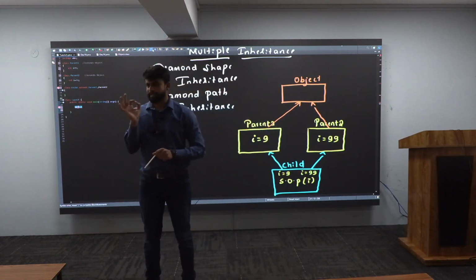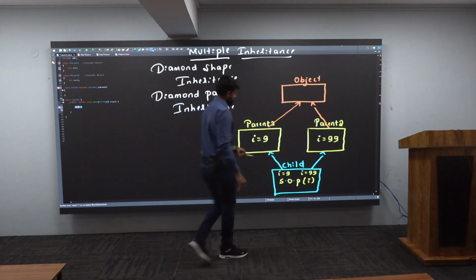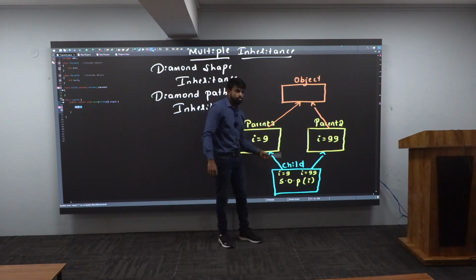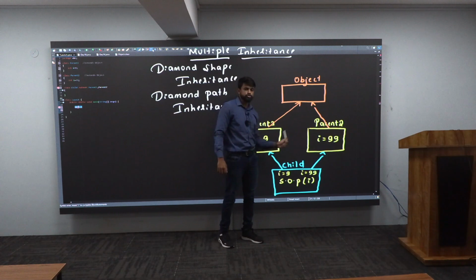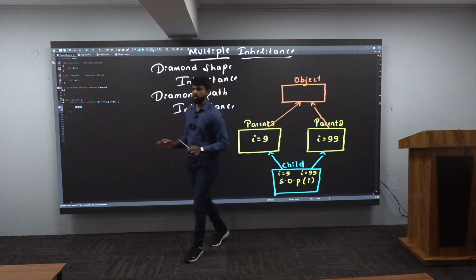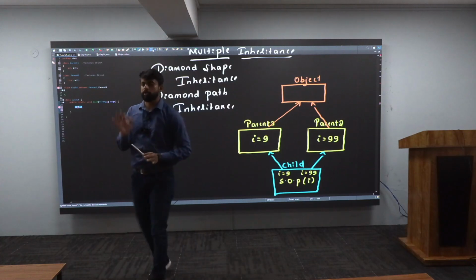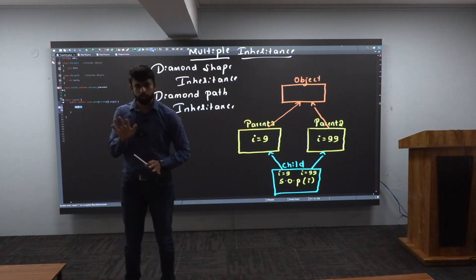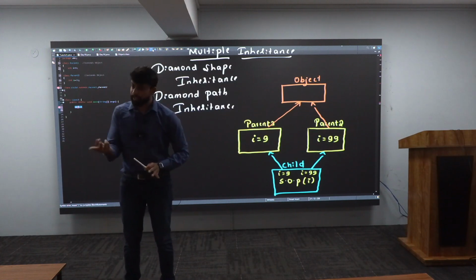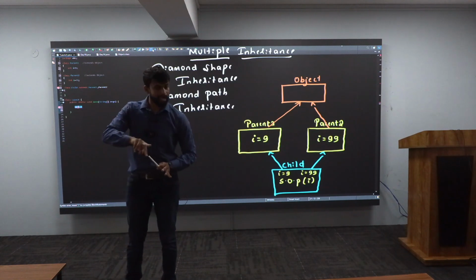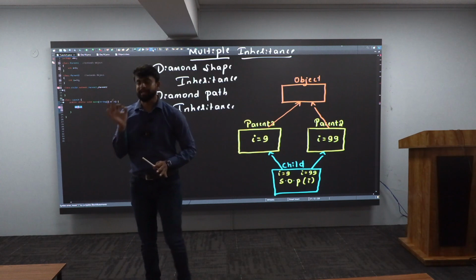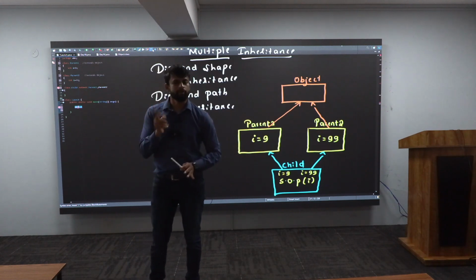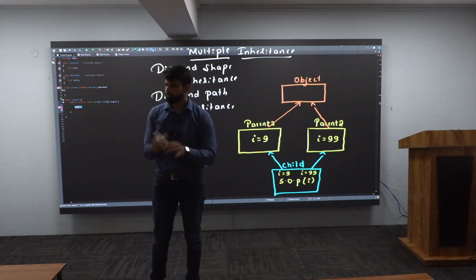One class, that is one child class, inheriting from two parents or more than two parents is known as multiple inheritance, and multiple inheritance will not work in Java. At this point of time, it will not work. But it will work indirectly, which I will show you in a concept known as interfaces. But now, it will not work.